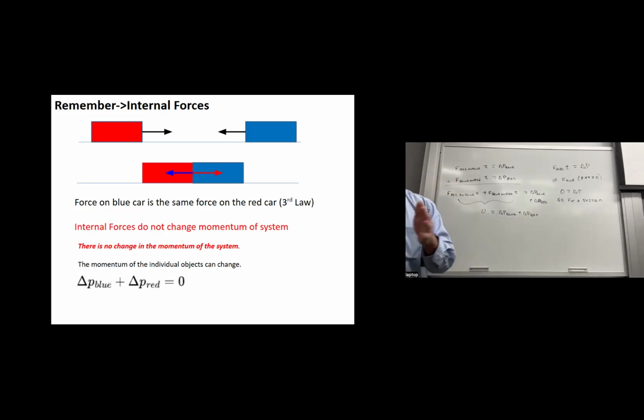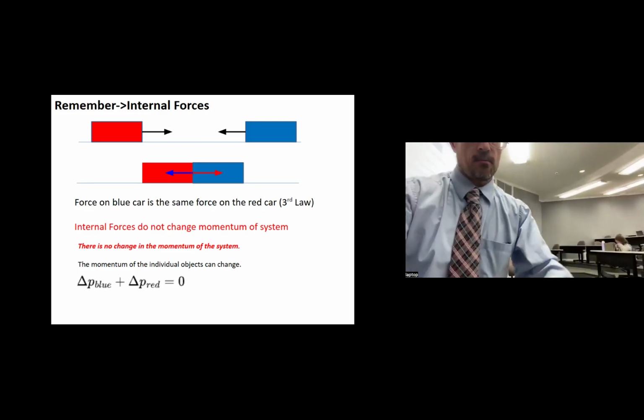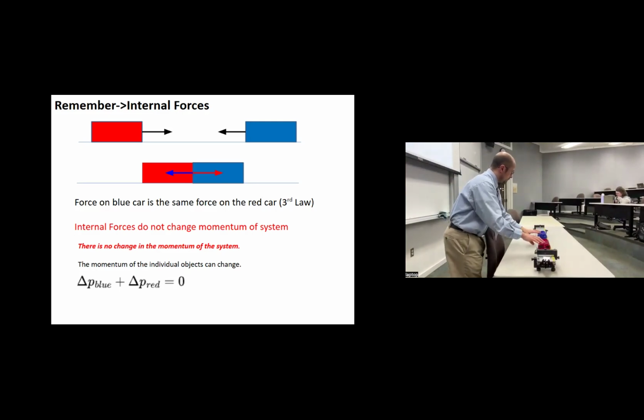All right. So here's my simple little demo for this to kind of drive this home. So how fast is my blue car initially moving? Heard someone say it. It's 0. But notice after the collision, the interaction between the two, the red car had 0 and the blue car has something.